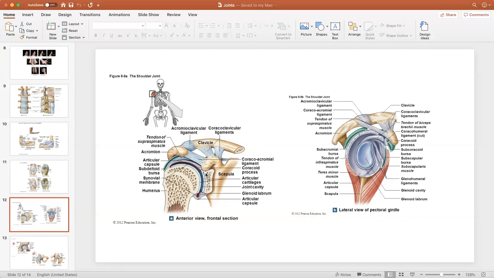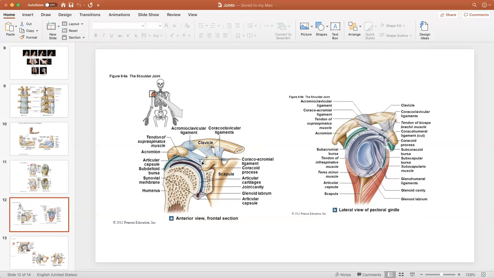It's a real shallow, see how shallow this bony portion is? It's really shallow. You have this labrum that comes out a little bit and helps to form more of a cup to allow for that to kind of stay. Then you have your articular capsule, synovial membrane in there. You have the capsule down here as well.